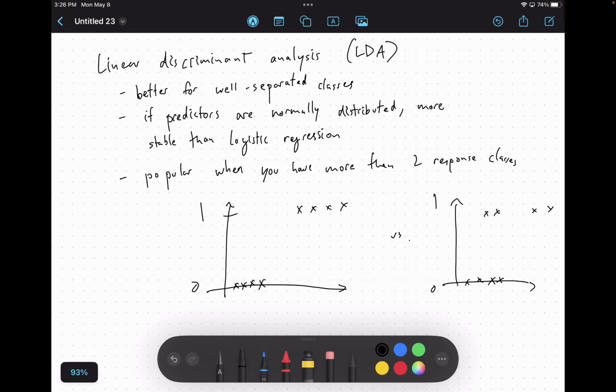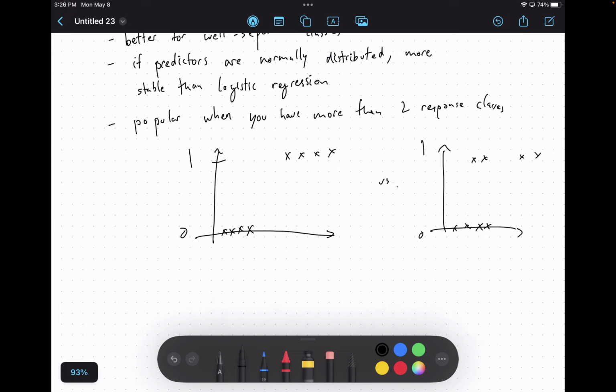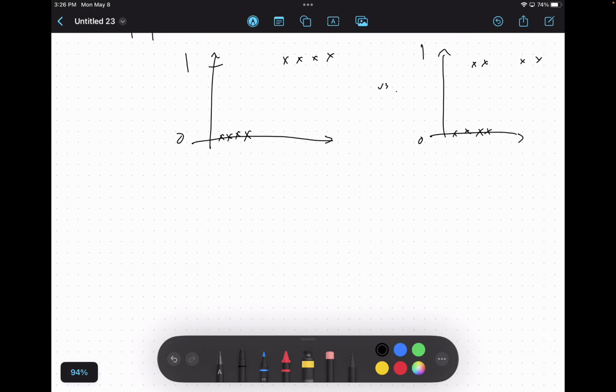They're more distinct based on your explanatory variables. Okay.